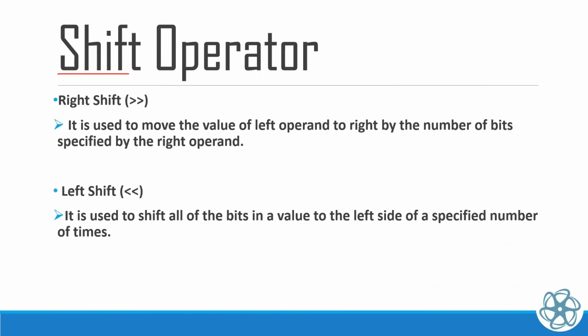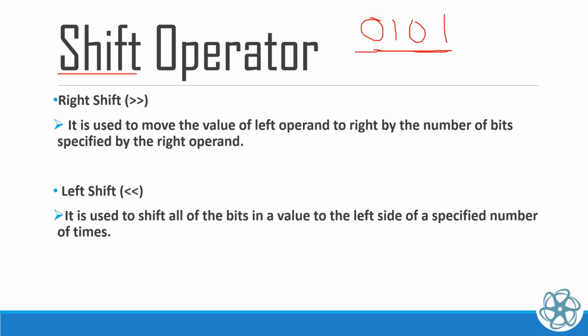So next is the shift operator. I am thinking of making one separate video of 5 to 10 minutes on the shift operator, because there is shifting of the bits. Each number is represented in the form of bits, the binary system, like 0 1 0 1.